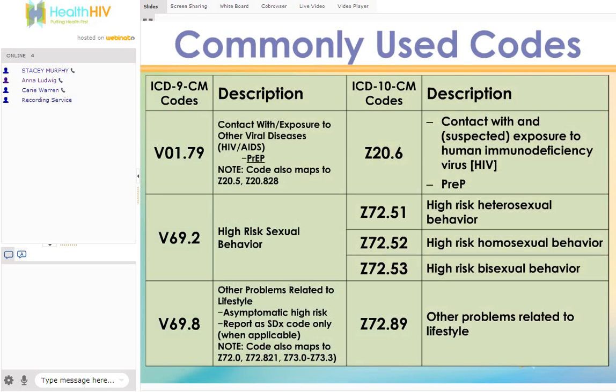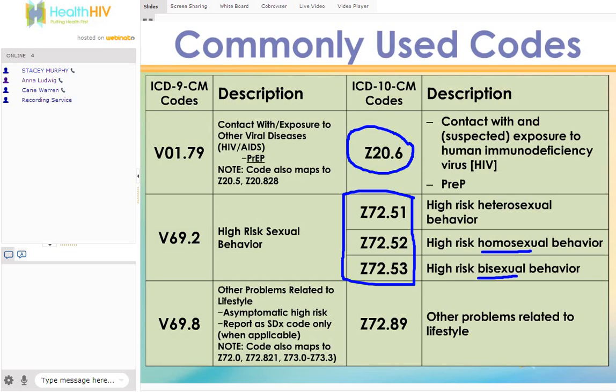Some additional codes that we spoke about in Series 3. Z20.6 is used for pre-exposure prophylaxis. It's also used for post-exposure. The high-risk sexual behavior code in ICD-9 was mapped to 3 codes in ICD-10. So you have high-risk heterosexual behavior, you have high-risk homosexual behavior, and you have high-risk bisexual behavior.